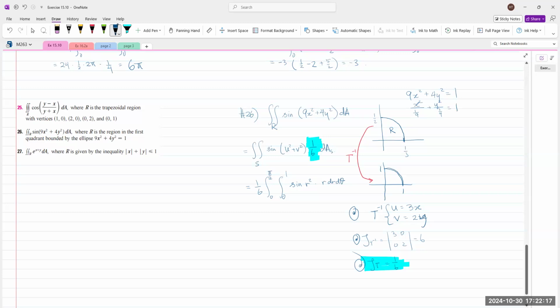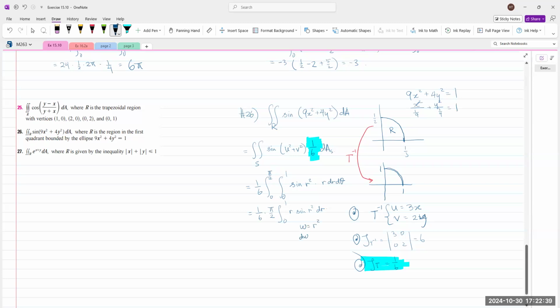Okay, independent of theta, so that will be 1/6 times pi over 2, and then integral from 0 to 1 of r sine r squared dr. This is where we do substitution. Don't use u or v anymore because we have those already. Let's use w.